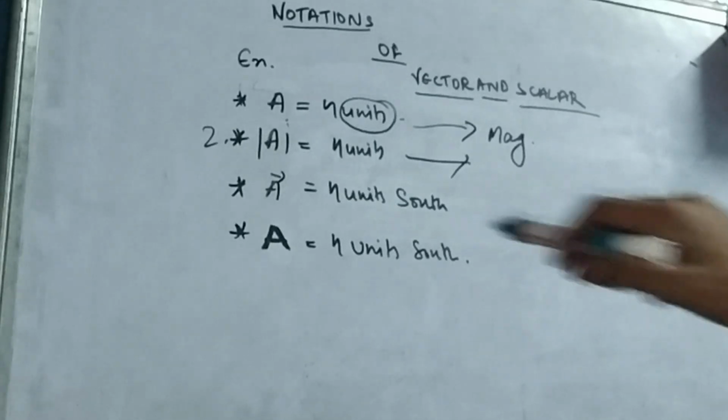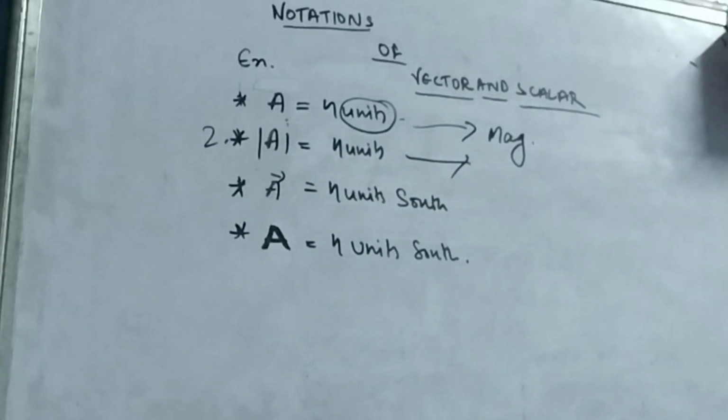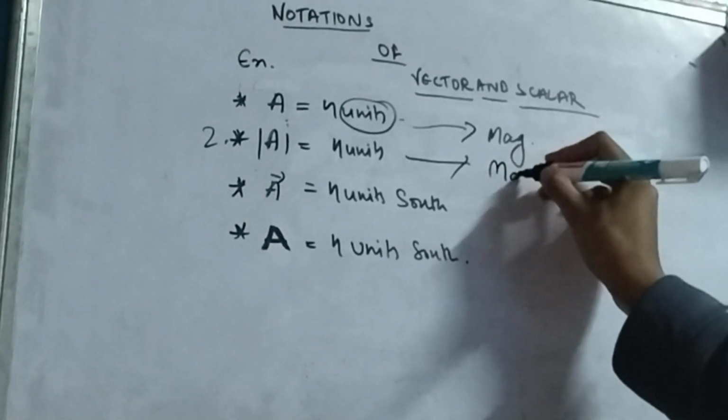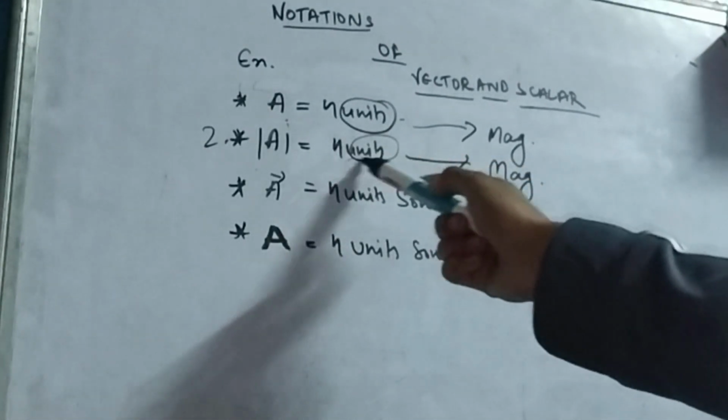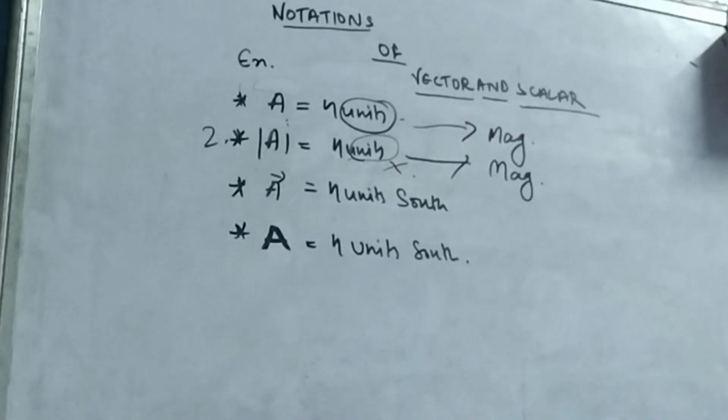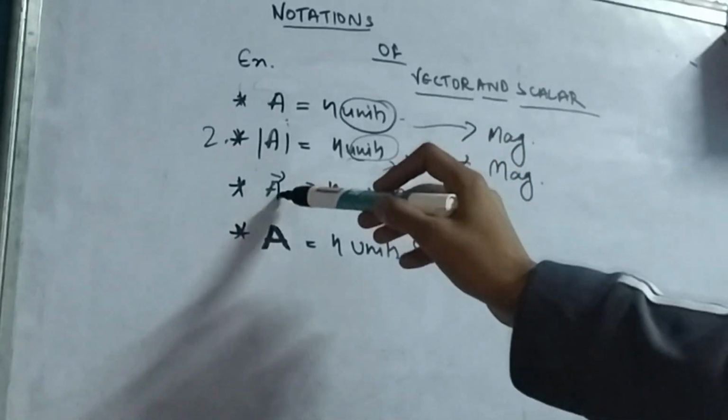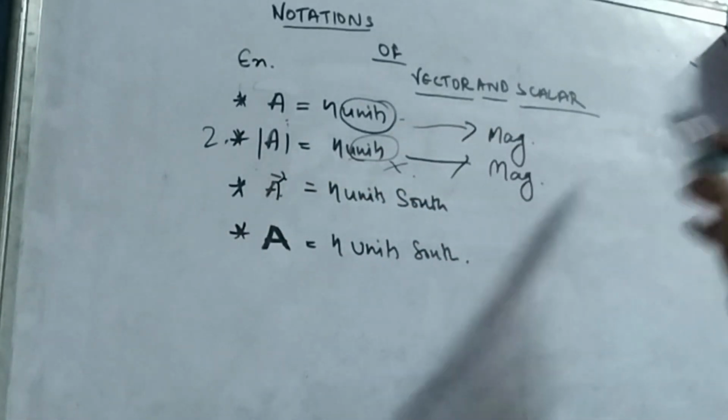So this is a mod, and in physics we consider a mod as a magnitude, and there is only magnitude, there is no direction given at this point. And number 3, there is a and there is direction also, that we have done lastly.